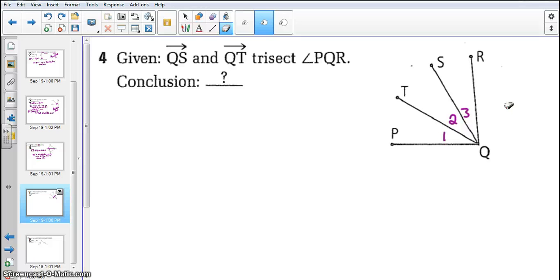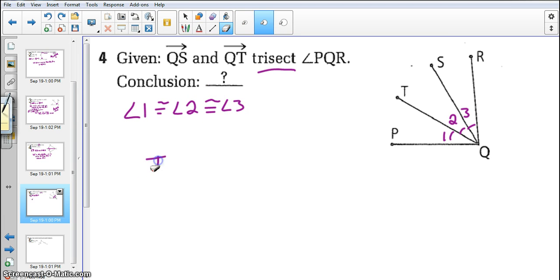Okay, so hopefully you notice that the key word is trisect. Then we can mark on our diagram that these three angles would then be congruent. So your conclusion would be that angle 1 is congruent to angle 2 is congruent to angle 3.